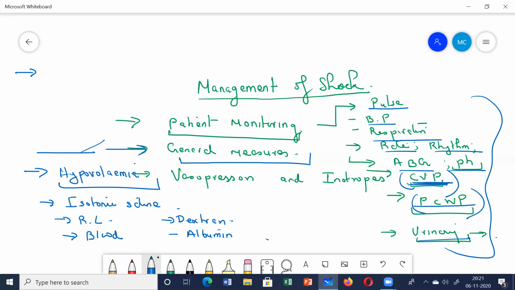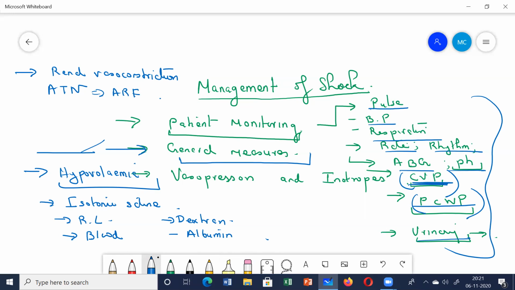So in the initial stages of shock, as I told you, there is renal vasoconstriction. Last lecture I had told you there is oliguria and decreased GFR. With renal vasoconstriction, the blood flow to the renal tubules is decreased, and that can lead to ATN. What is ATN? Acute tubular necrosis and renal failure, acute renal failure, if it is not promptly corrected.